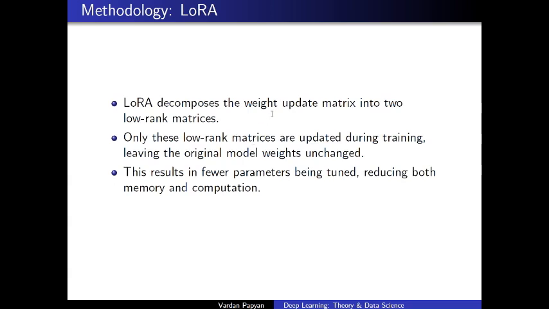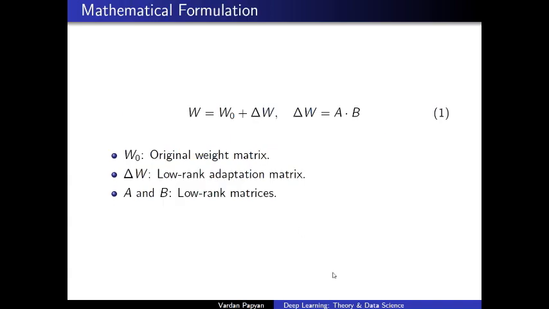Instead of updating all of the big matrix of weights, we only update these two matrices that are multiplied by each other, and we do not change the original weights at all. The original weights remain exactly the same.